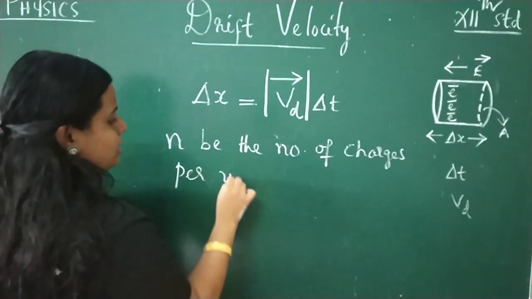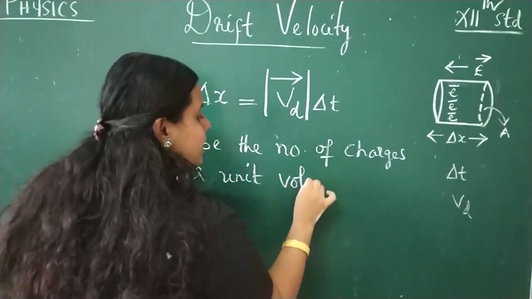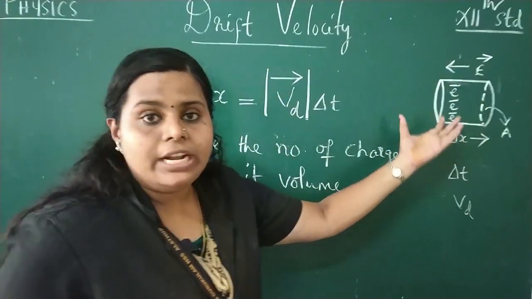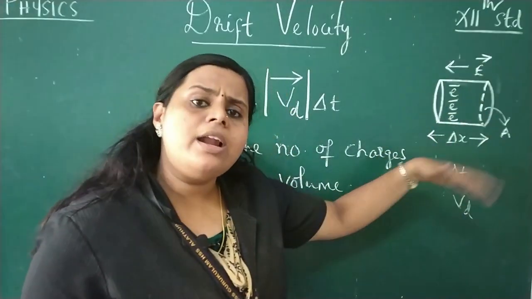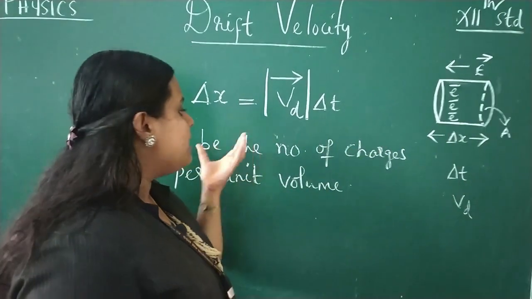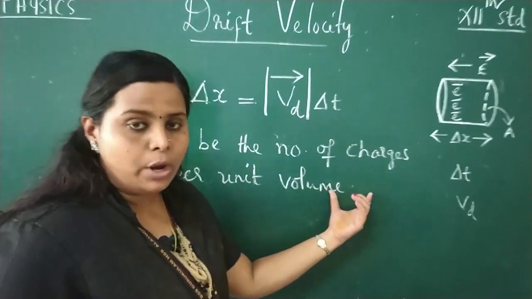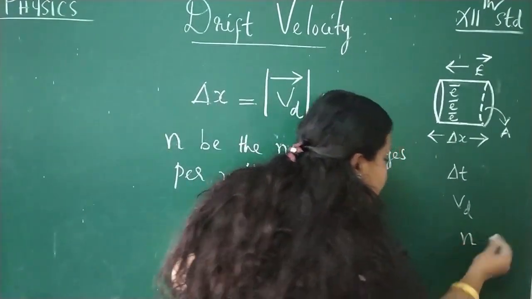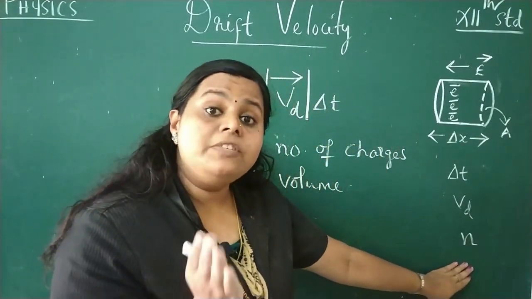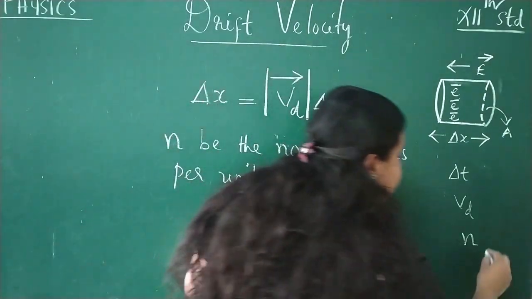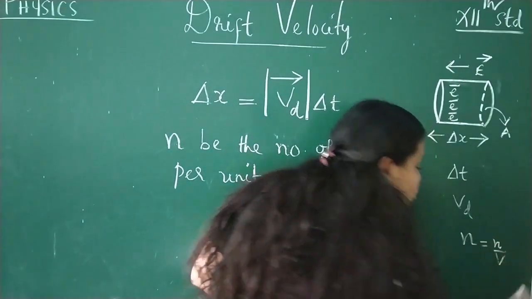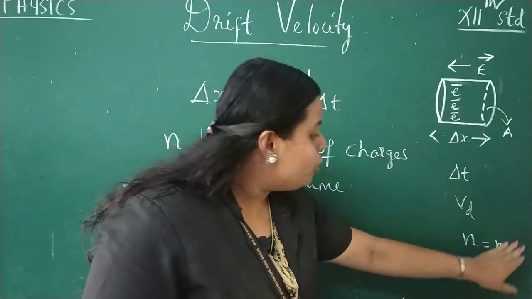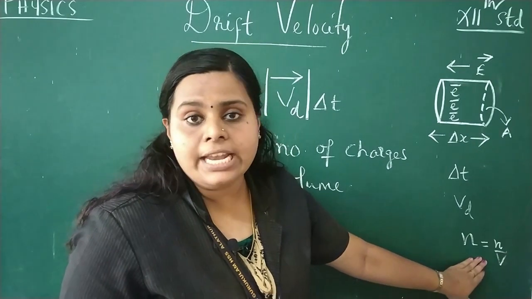We know that here we are considering a conductor, across which we apply the electric field. This conductor has plenty of free charges inside it. So suppose n be the number of free charges per unit volume. That means it is n by V actually. It is the charges per unit volume, the number of charges in one unit volume.